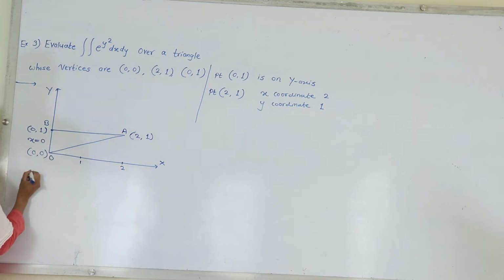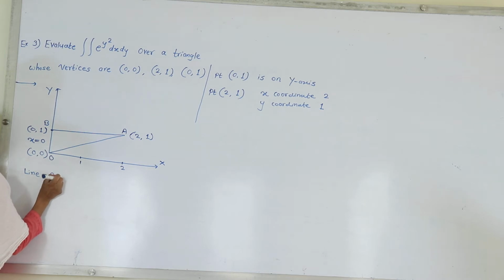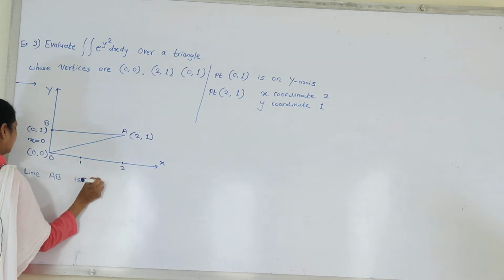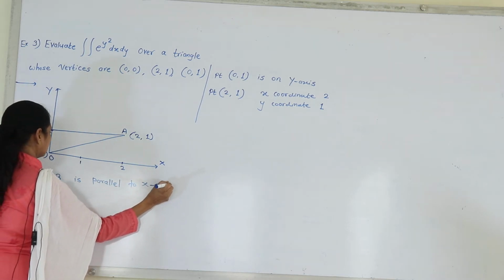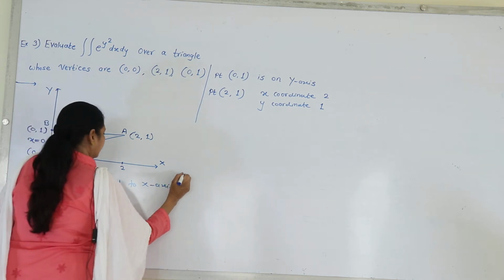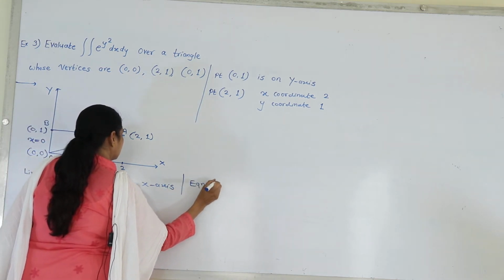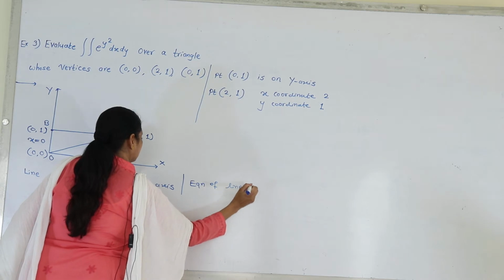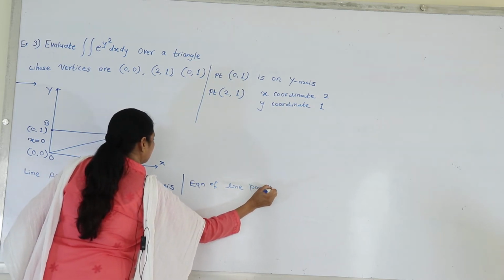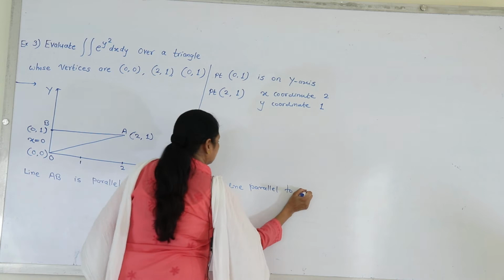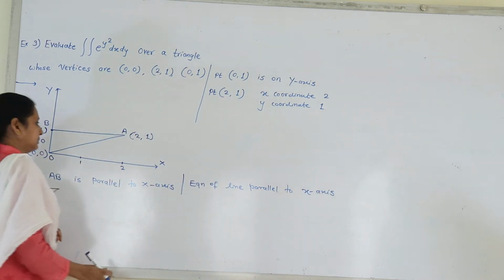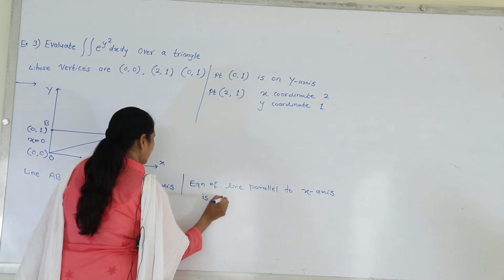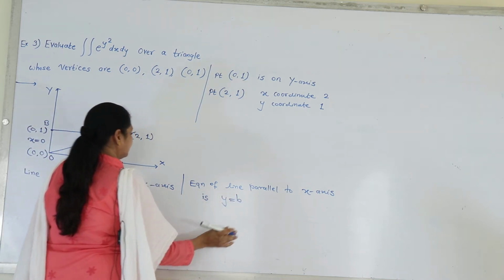Now line AB is parallel to the x-axis. The equation of a line parallel to the x-axis is y is equal to any constant b, suppose.